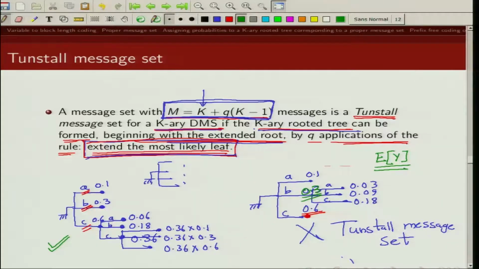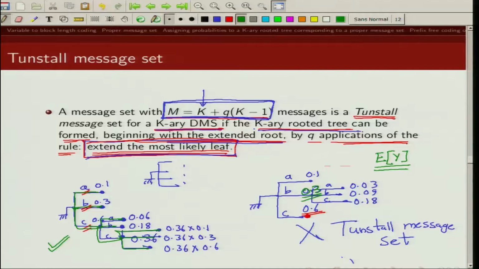Now what is the expected value of y? What is y? y is essentially the length of the parse sequence, the average length of the parse sequence. So in this case you are parsing the sequences like this: A, B, C, A, C, B, C, C, A, C, C, B, C, C, C, like that you are parsing, right? So what is the expected value of y?